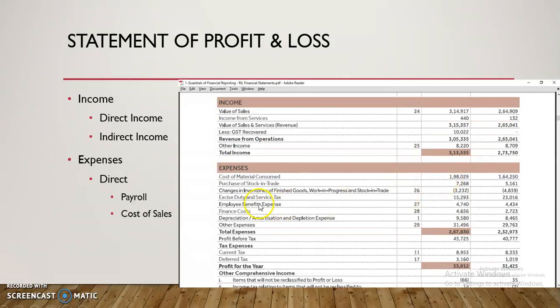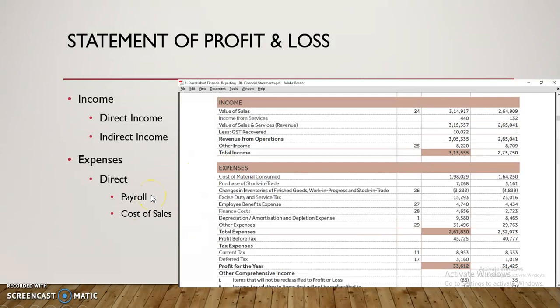They have separated out the employee benefit expenses. So here it says what are the costs of the employees. Now this one is a different head. Why? Because most of the time payroll expenses are fixed.